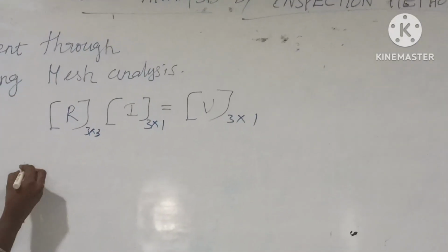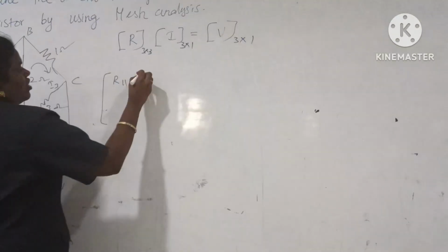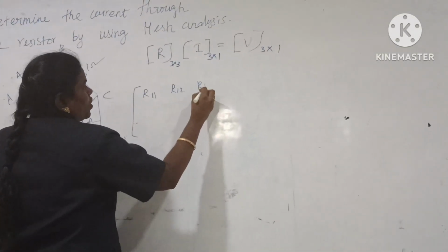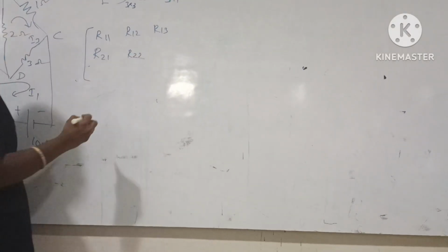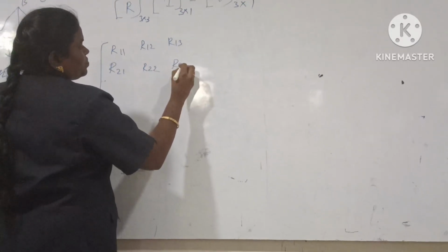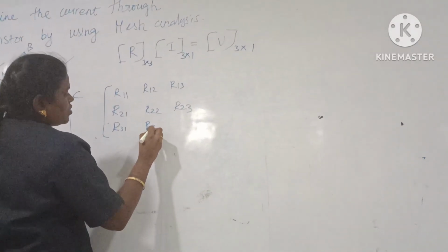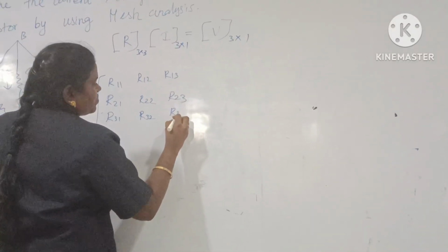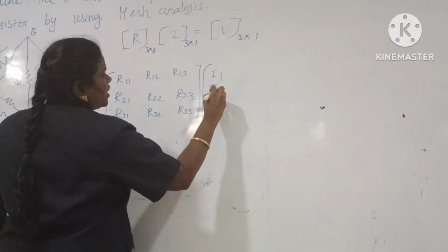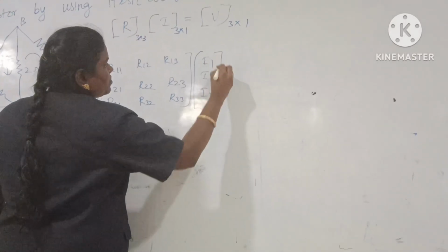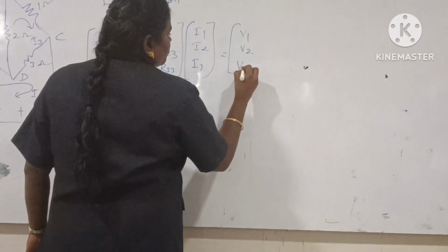So you have to write the resistance matrix for 3 loops: R11, R12, R13, R21, R22, R23, R31, R32 and R33. Then the current matrix I1, I2 and I3, and the voltage matrix V1, V2, V3.